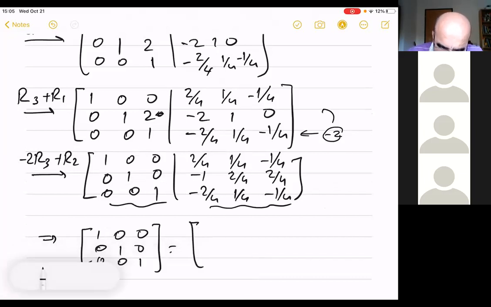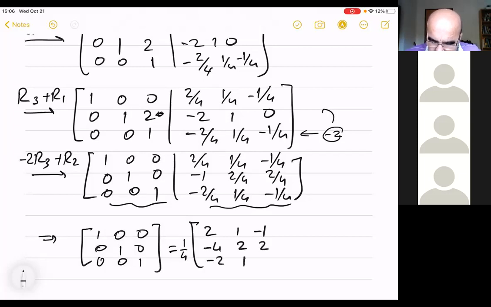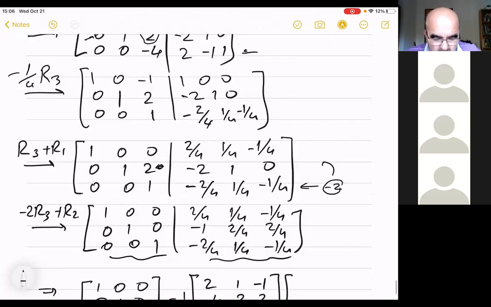Oops. Let me put 1/4 outside. It is 2, 1, minus 1, minus 4, 2, 2, minus 2, 1, minus 1, times right A. What's A?